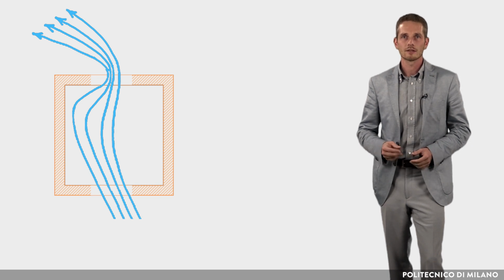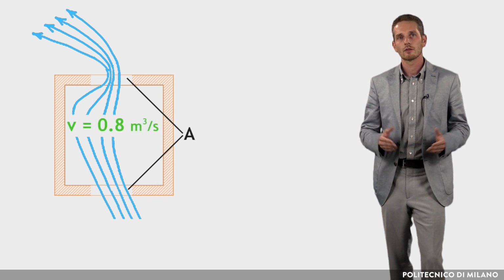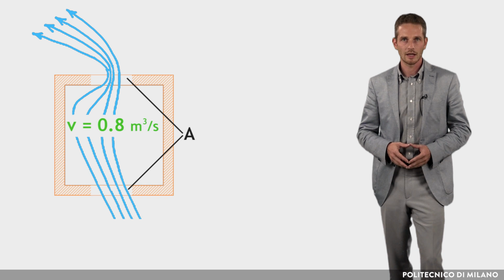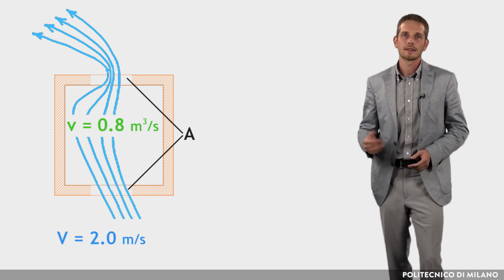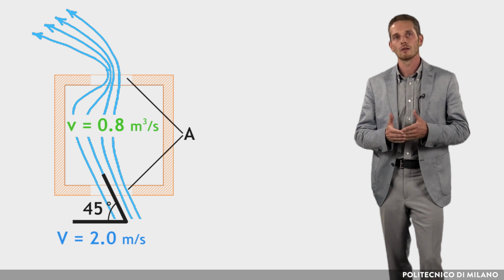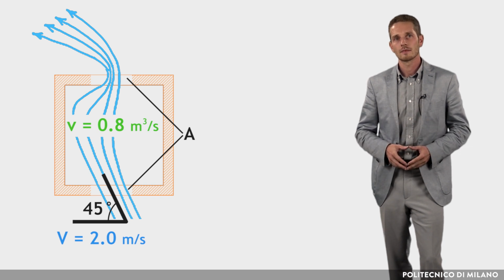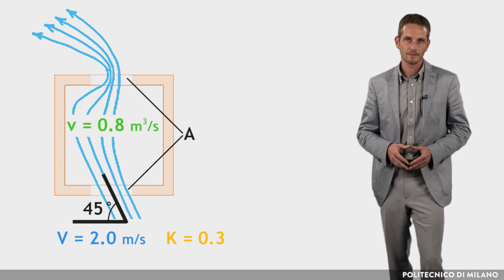We want to size two opposite openings of equal area in a room in order to ensure an airflow rate equal to 0.8 cubic meters per second. Let's assume that outdoor wind velocity is equal to 2 meters per second and its incident angle is 45 degrees, so K is equal to 0.3.